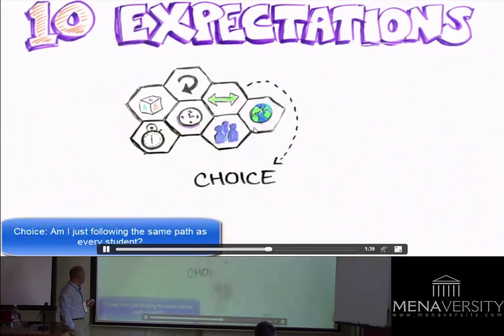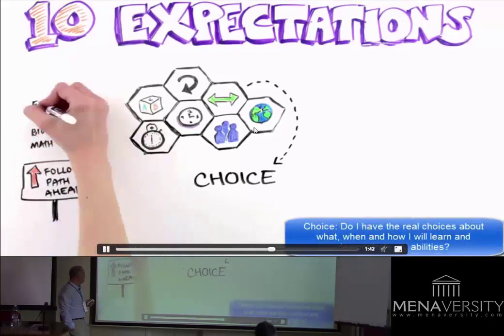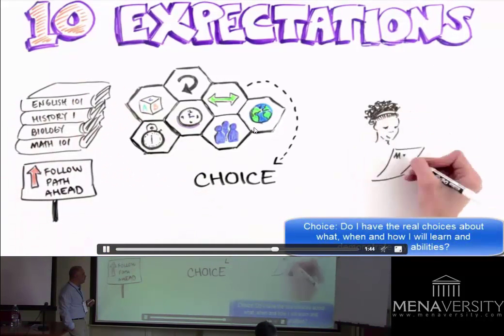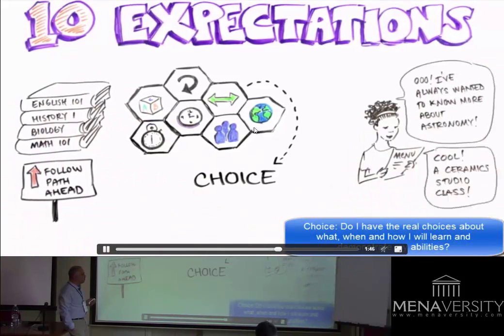Choice: am I just following the same path as every student, or do I have real choice about what, when, and how I will learn that matches my learning abilities?